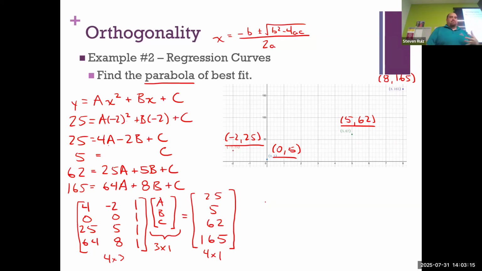The process, the recipe, is still the same. So we're still going to do, so I want ABC, and that comes from, oh, I really hate that I'm reusing letters. Let's just call this question mark. Let's be lazy. A transpose A inverse times A transpose B.